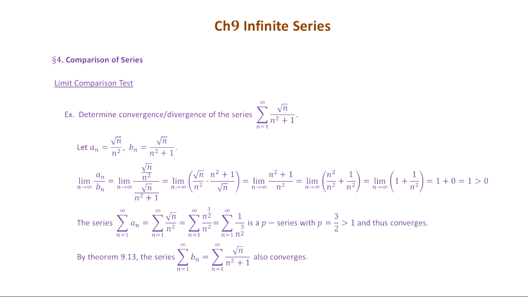Remember? So this is a p series with p equal to 3/2, and that is greater than 1, and we know a p series 1 over n to the p, where p is greater than 1, converges. So we know the reference series converges. So by the limit comparison test, the series b_n, which is the problem we have here, also converges.